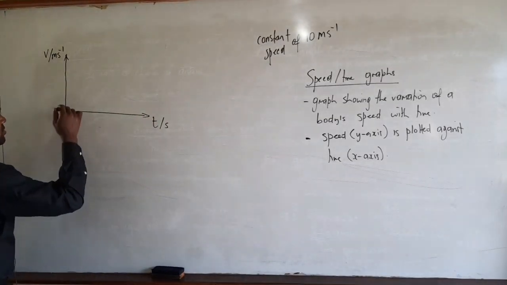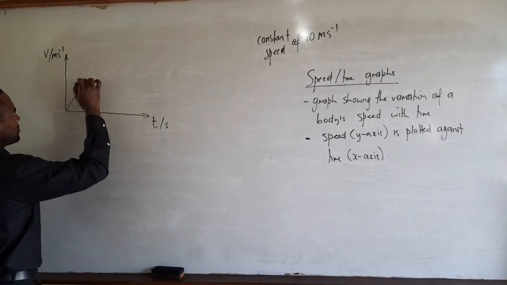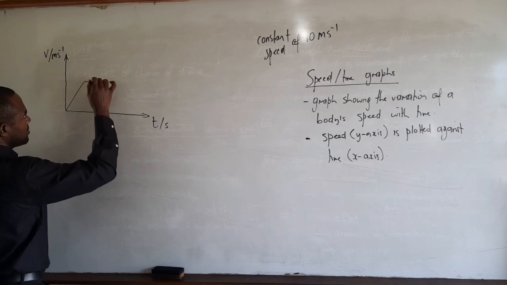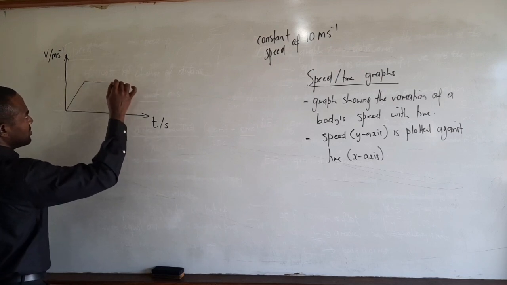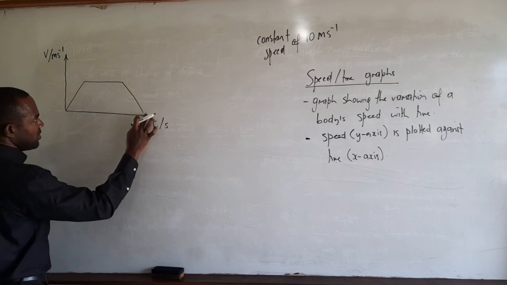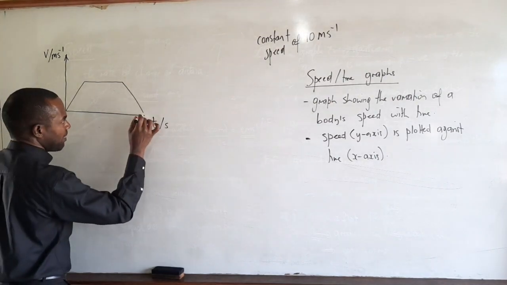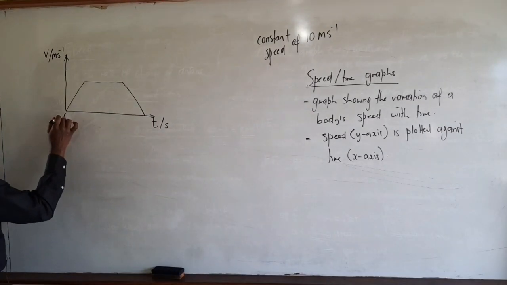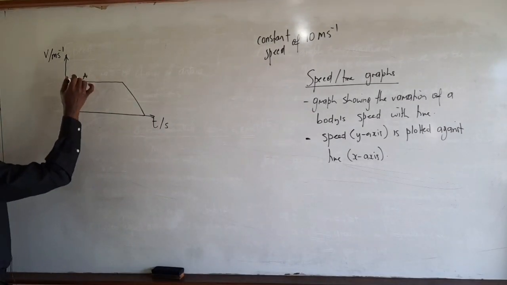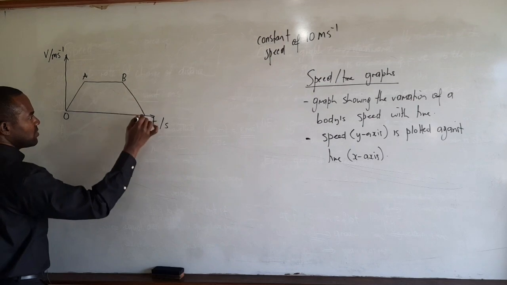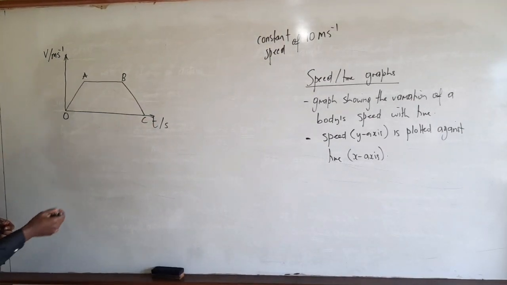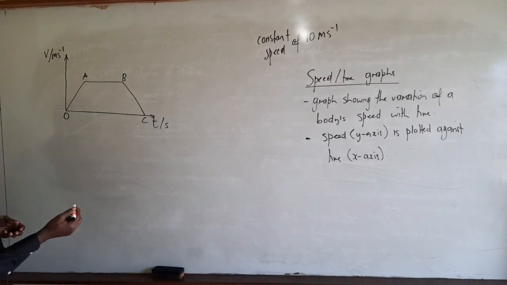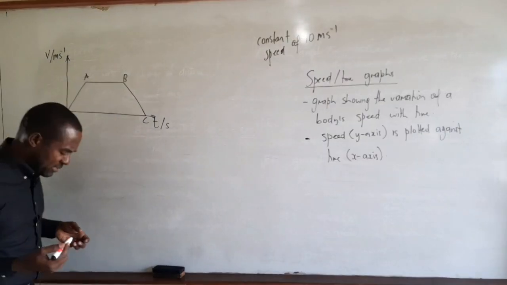A simple graph slopes up like that, then remains horizontal. Let's give it a little bit more space. Let's call these points O, A, B, C. So, the shape of the speed time graph is OABC.